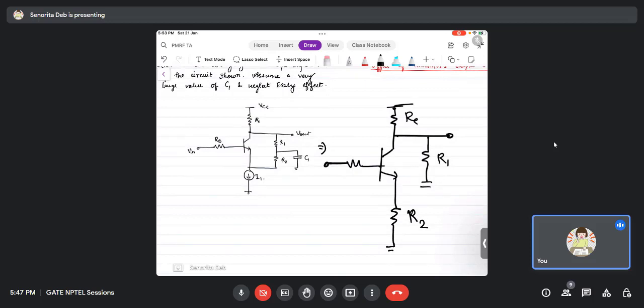So then VCC is shorted and the I1 is open. Okay, so now this is the same circuit as we had seen, right? So R2 is now in place of RE, and what will be your output resistance? It will be RC parallel with R1. Just check whether I am making sense or not.